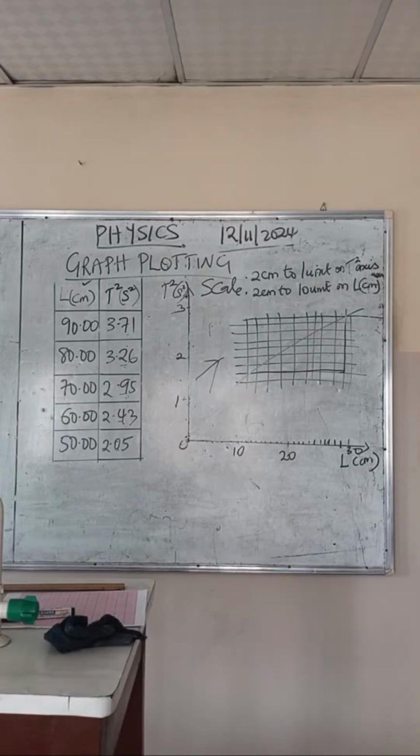Show me your point. Triangle, right? You can say that. Look for the point. Let me come and inspect before you join.